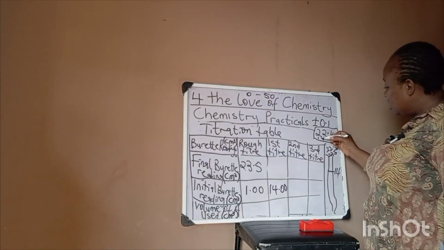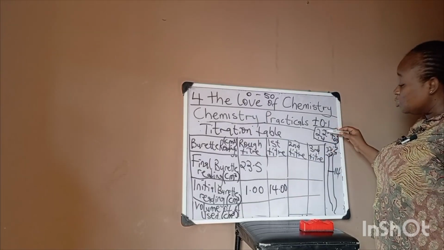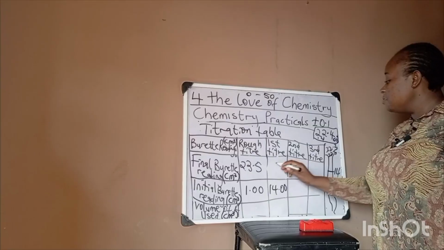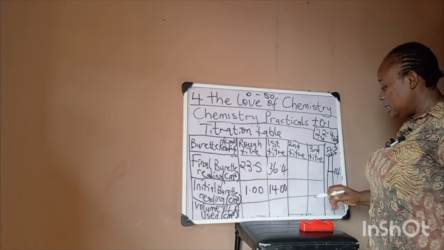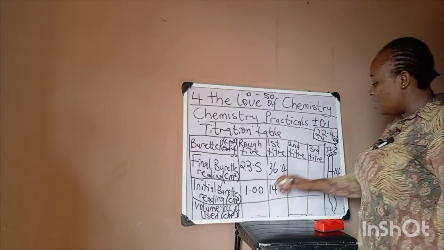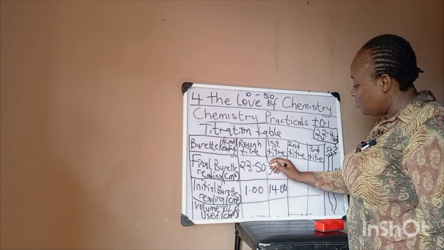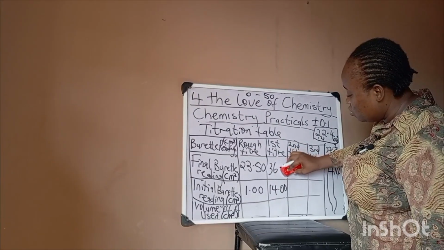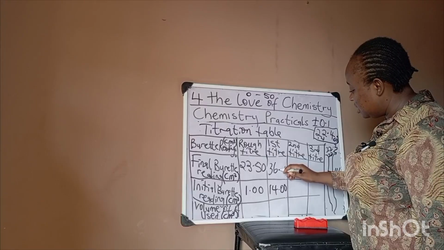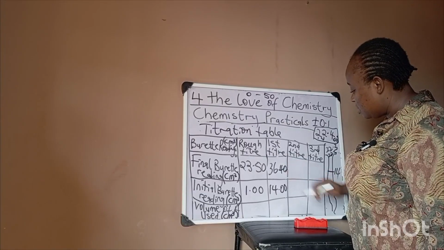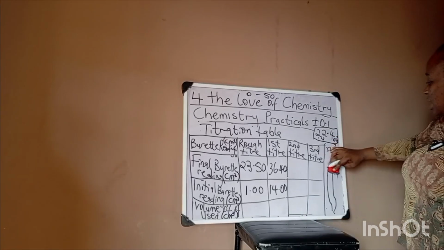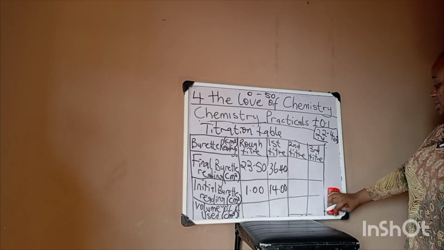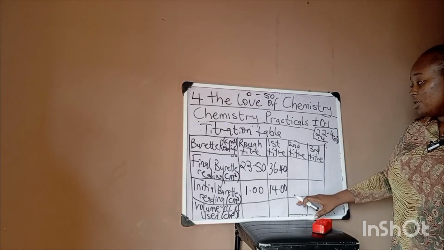So let's say I added 14 to 22.4, which will give me 36.4. And remember, we are doing 2 decimal places, so I'll have to make everything 2 decimal places. Now, another method of getting this is, I'll start from under.